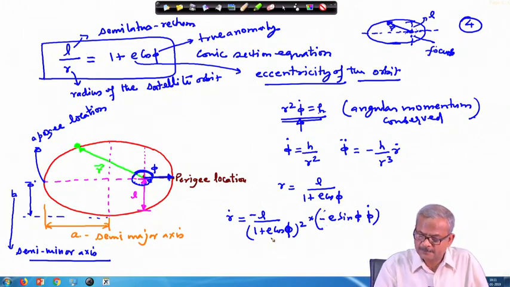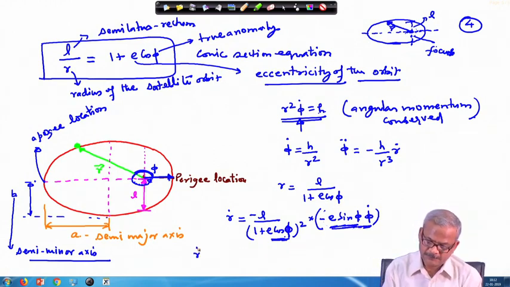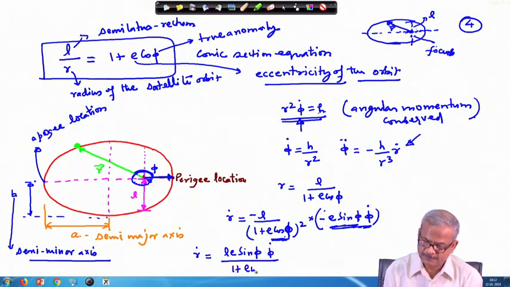Differentiation of cos phi is sin phi with a minus sign, and thereafter the phi dot. So, r dot becomes L e sin phi times phi dot divided by (1 plus e cos phi) whole square.